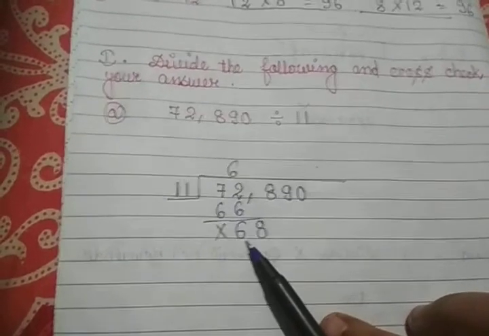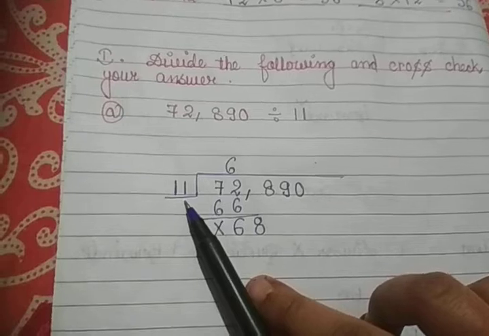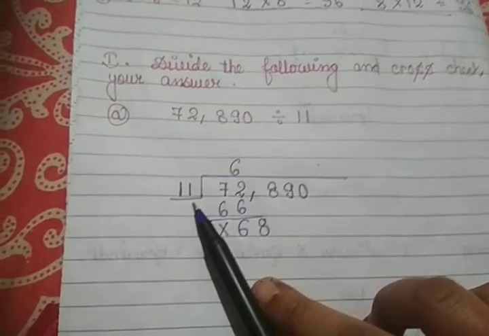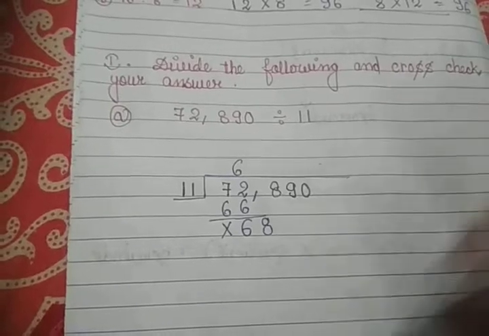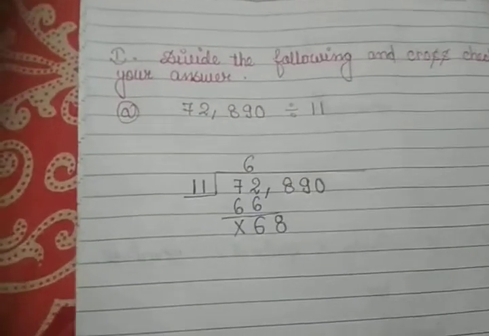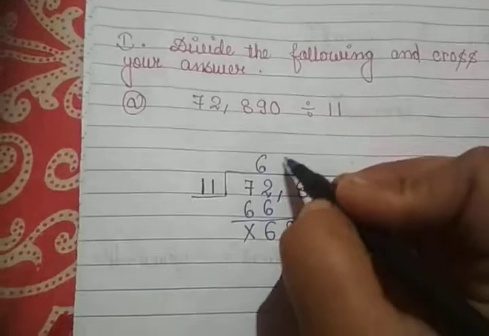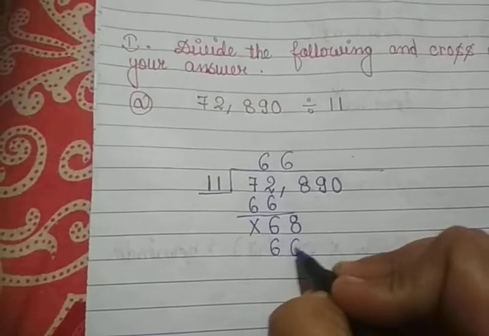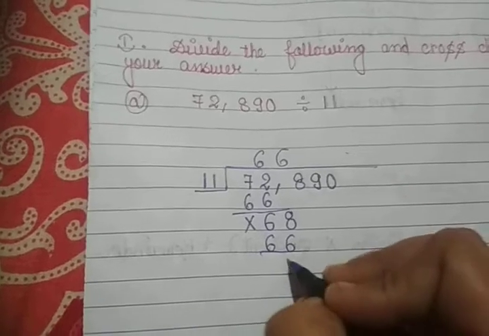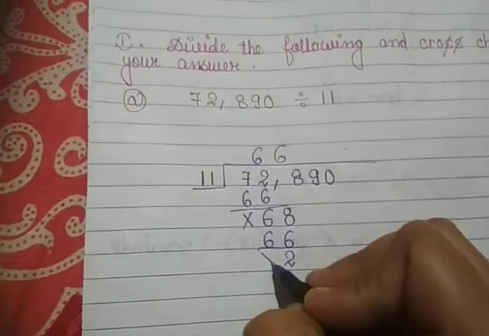Because 6 is smaller than 11 and we cannot divide, we will consider two digits, that is 68. And we know, children, that 11 sixes are 66. So we will write 6. 8 minus 6 will be 2. 6 minus 6, 0.